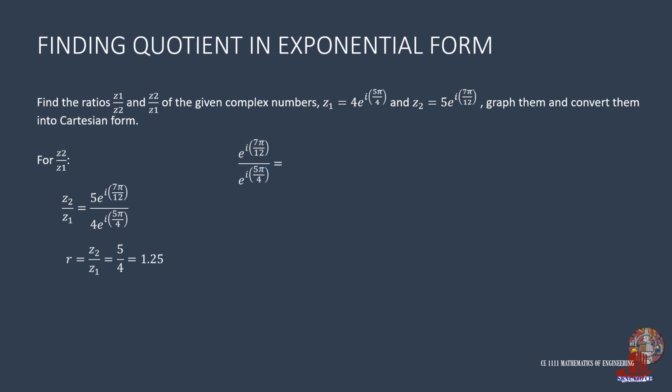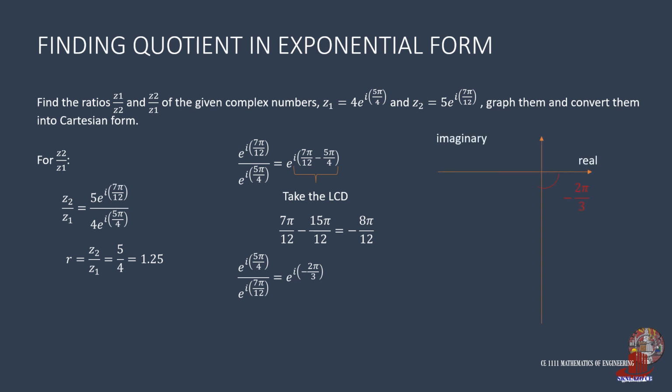The other part is then divided, but with the same base, we take the exponent as 7 pi over 12 less 5 pi over 4. We again take the LCD to arrive at 7 pi over 12 minus 15 pi over 12, which results to negative 8 pi over 12, or simply e raised to i times negative 2 pi over 3.